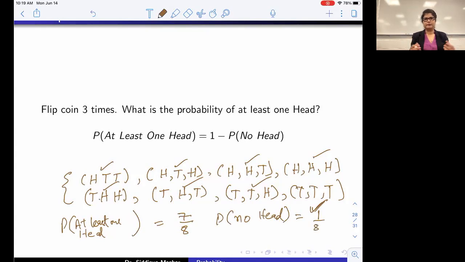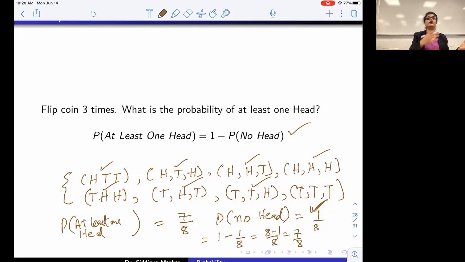Using the rule I have discussed already, the probability of at least one head is 1 minus the probability of having no head. 1 minus 1 by 8 gives you 7 by 8, so the answer is the same.